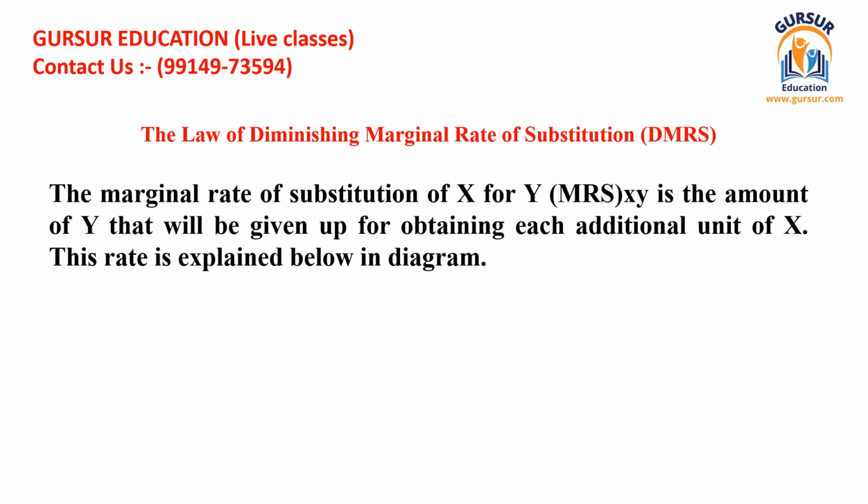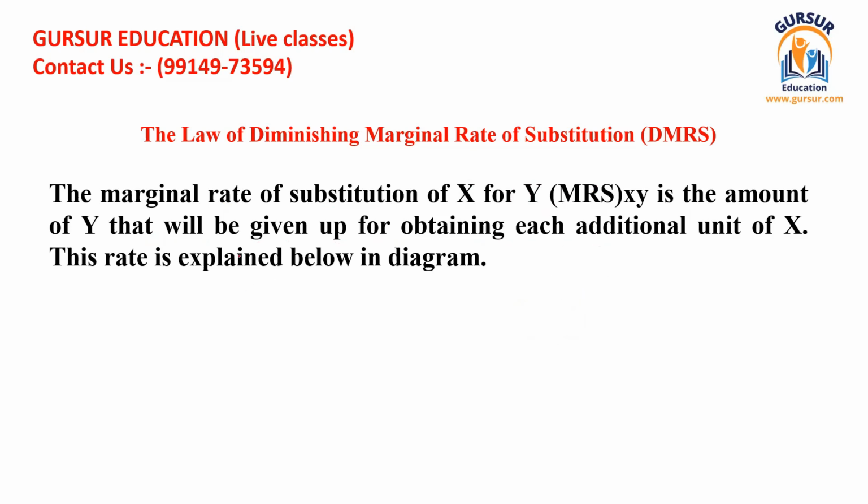It has 3 laws in it. The first law is the law of diminishing marginal rate of substitution, which is known as DMRS. It tells you that the marginal rate of substitution of x for y, written as MRS x and y, is the amount of y that will be given up for obtaining each additional unit of x.